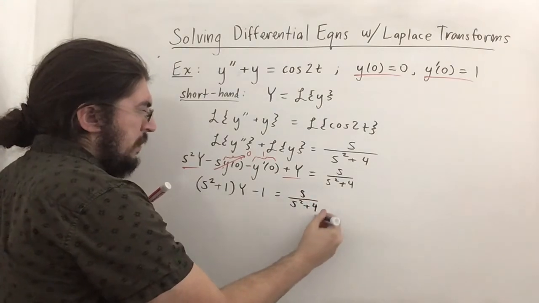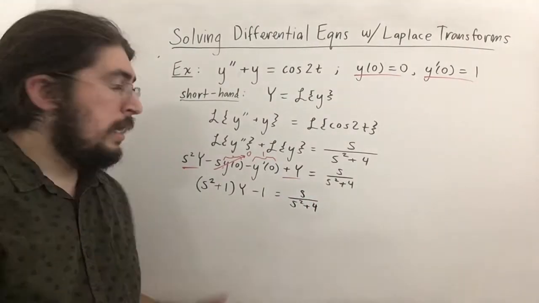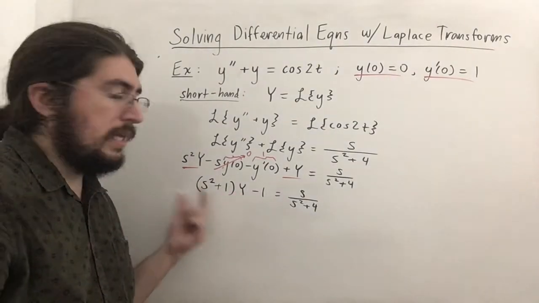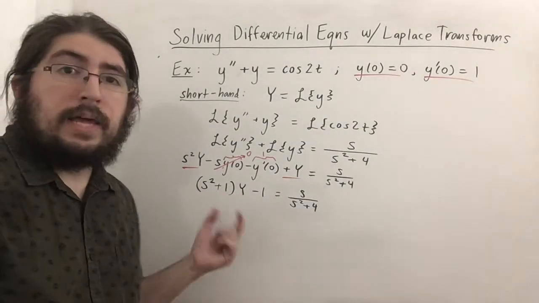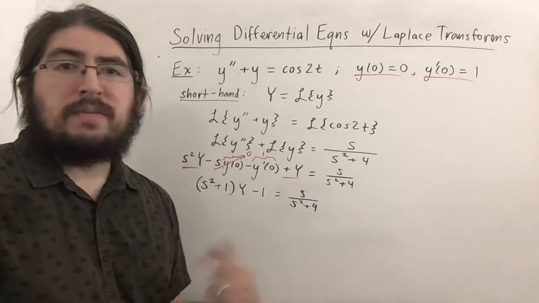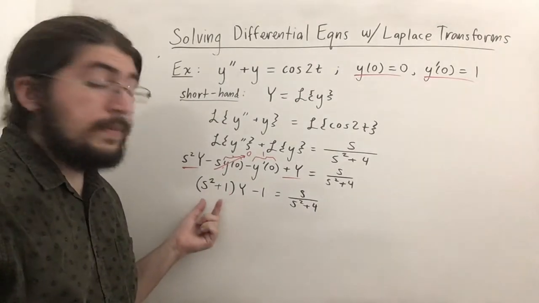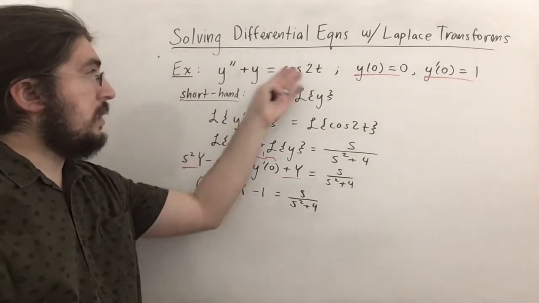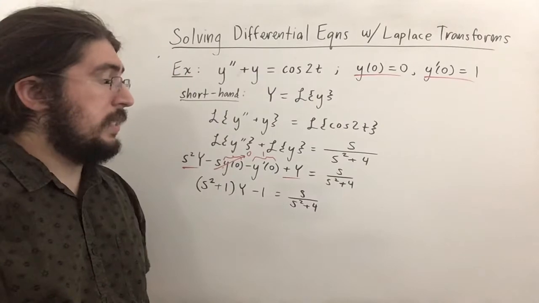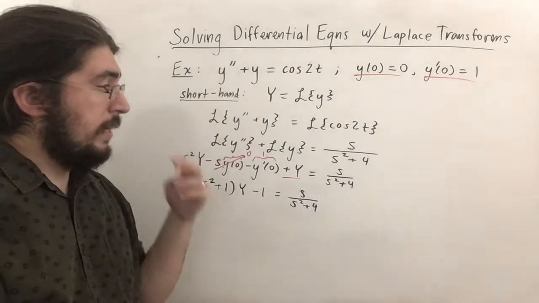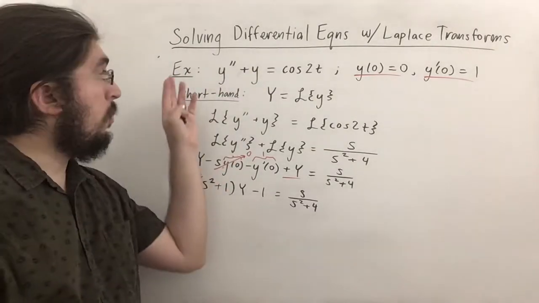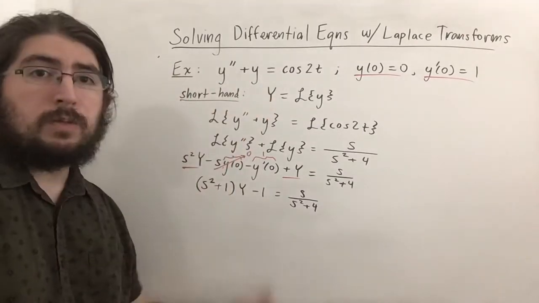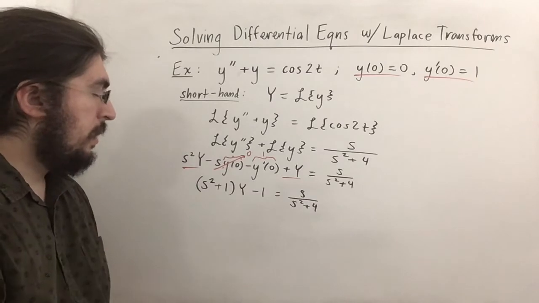Now what's really nice about this is that there's this pattern you may notice, and that's we have s squared plus 1 all times capital Y. Now the s squared plus 1 could actually be predicted because it is legitimately the characteristic equation of this side. So if you set this equal to 0 for yc, the characteristic equation of that homogeneous equation would be r squared plus 1 equals 0, or in this case, s squared plus 1. Fantastic. So now what?